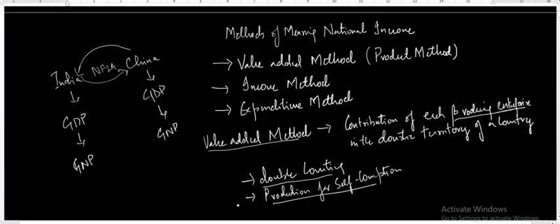First, what do we mean by double counting? Here we have to differentiate between the final good and the intermediate good. Now what do we mean by the final good or the final output?